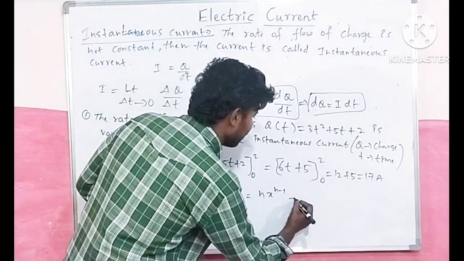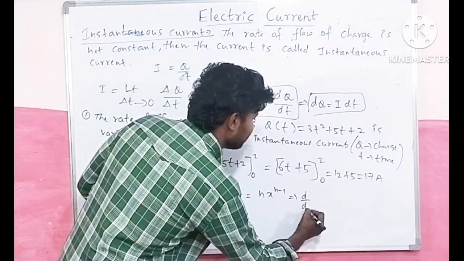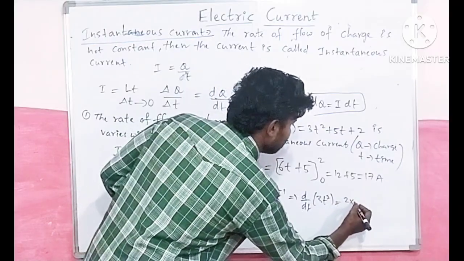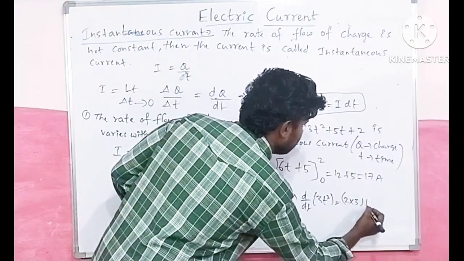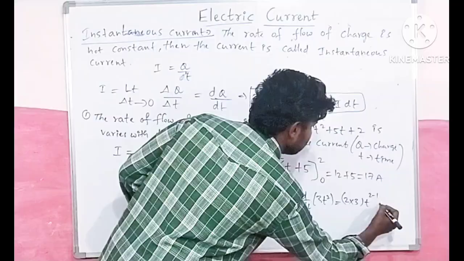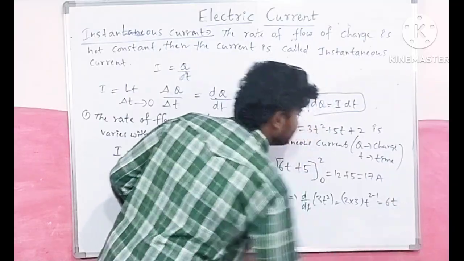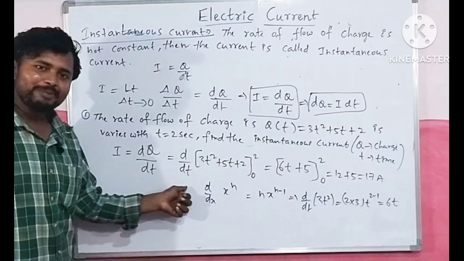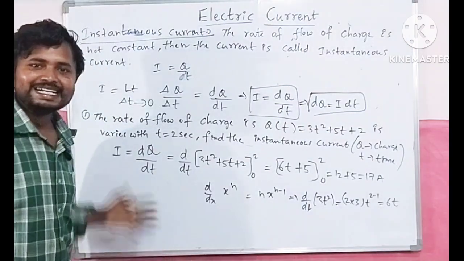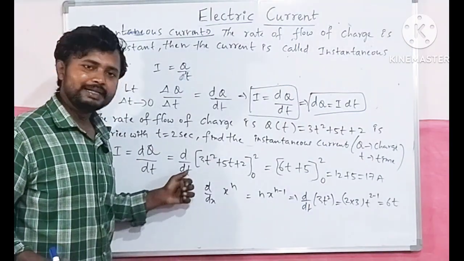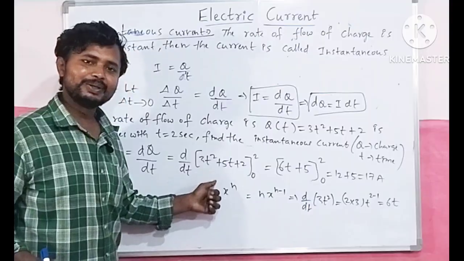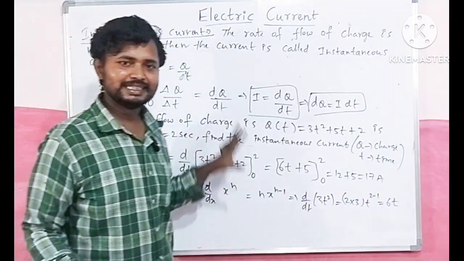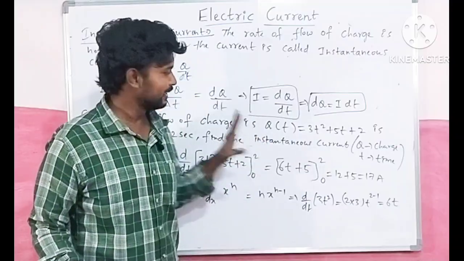Here, d by dt of 3t square equals 2 into 3 into t power 2 minus 1, which equals 6t. So this is the formula to find the differentiation: d by dx of x power n equals n into x power n minus 1. This is important for JEE Mains as well as NEET.